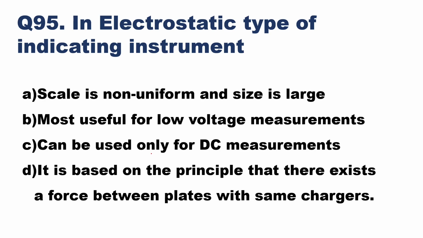So these are the disadvantages of electrostatic type indicating instrument. So here for this question, option A will be the right answer. That is, its scale will be non-uniform and size is large.